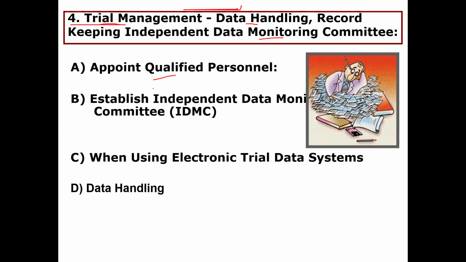Additionally, most trials have an independent data monitoring committee. Always remember this one committee, IDMC. When you study any protocol, you will find that it either has an independent data monitoring committee or not. What is the role of this committee?